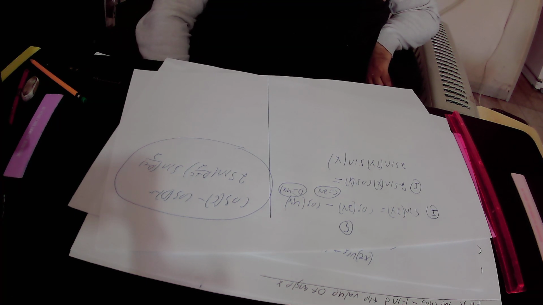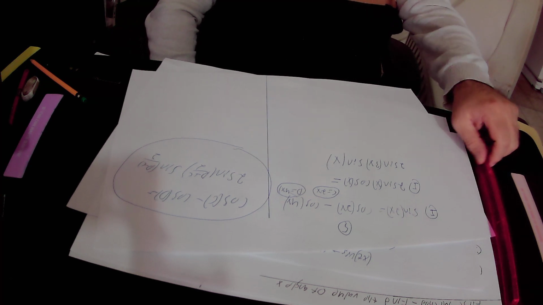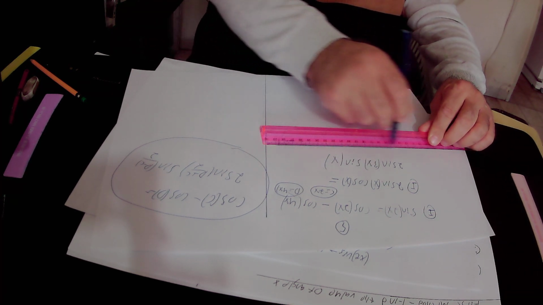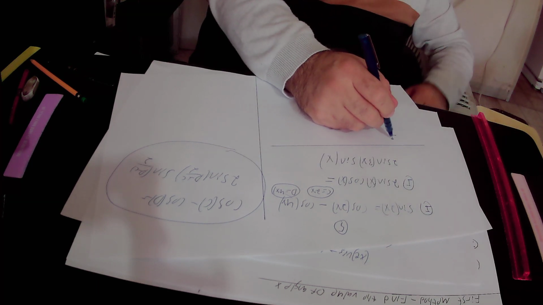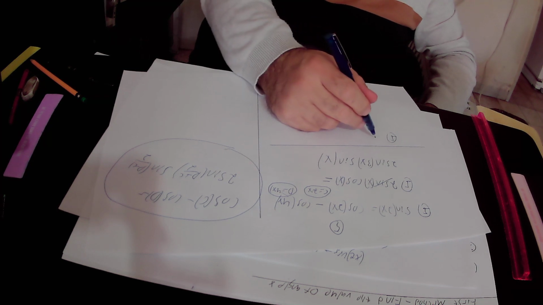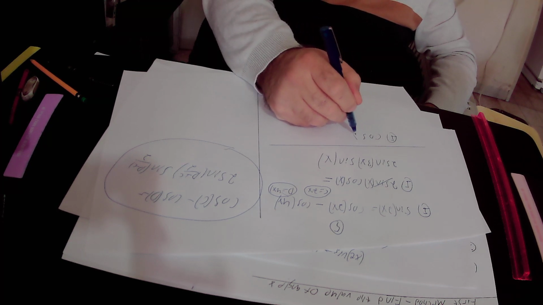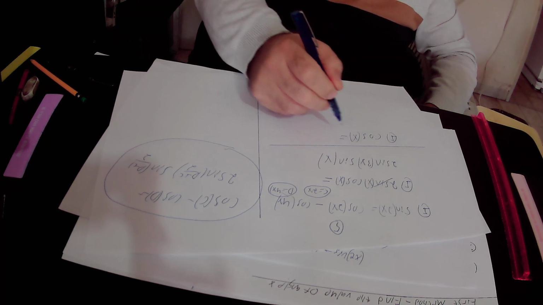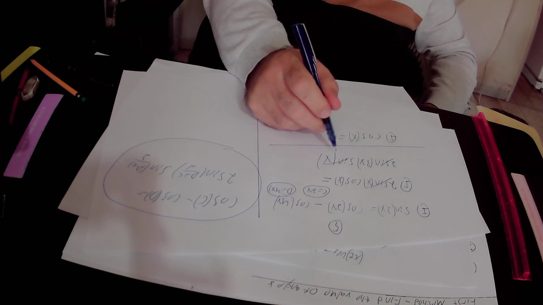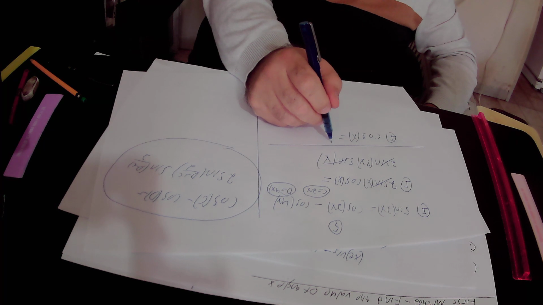Here we will divide this equation number 1 by 2 sine x, and we will get that cosine x equals sine 3x.